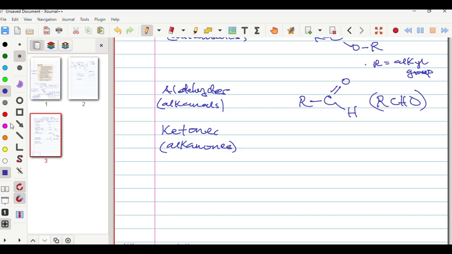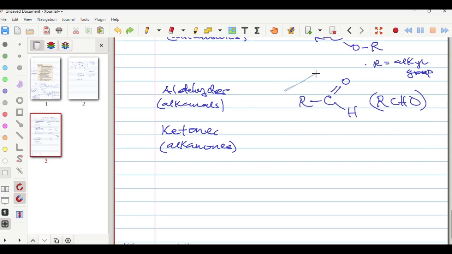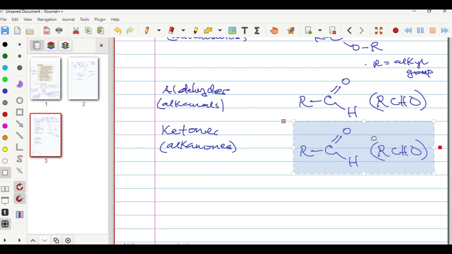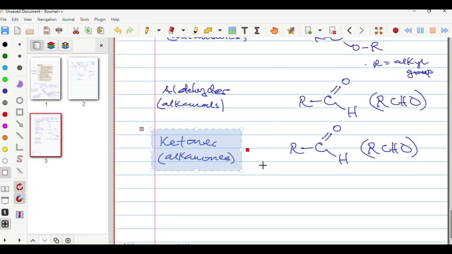So what I would do is this. I will take this, together with this, Ctrl C, Ctrl V, and then I put it here. So we are going to edit this and bring this down. I'm going to edit aldehyde to become alkanone. So how do we do that? I can remove hydrogen.